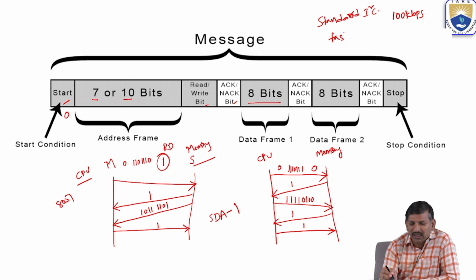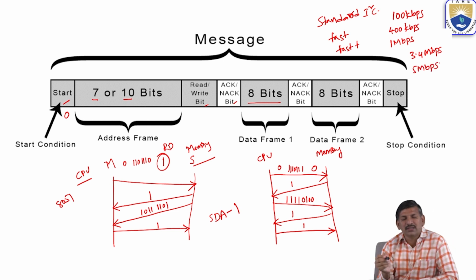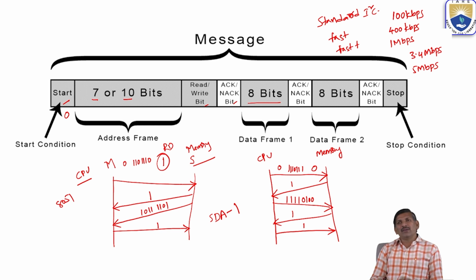Next, fast I2C, that is 400 kbps. Next, fast plus, that provides 1 mbps baud rate. Next, super fast, that is 3.4 mbps. Next, 5 mbps. So like that, I2C devices are available with different baud rates.